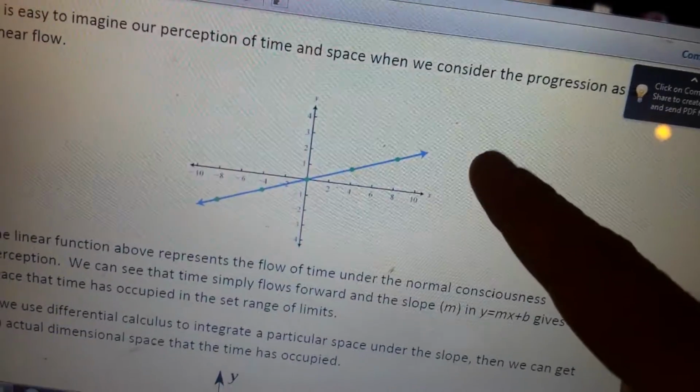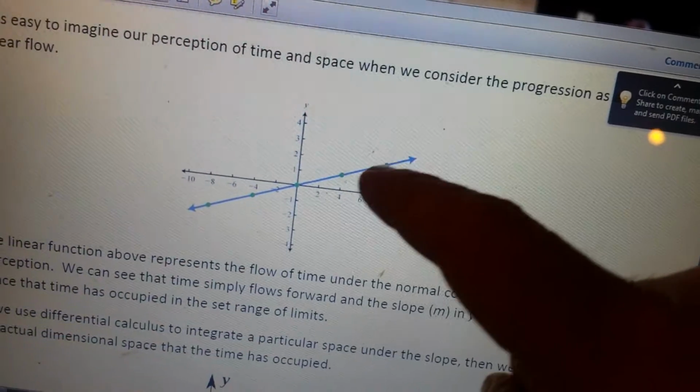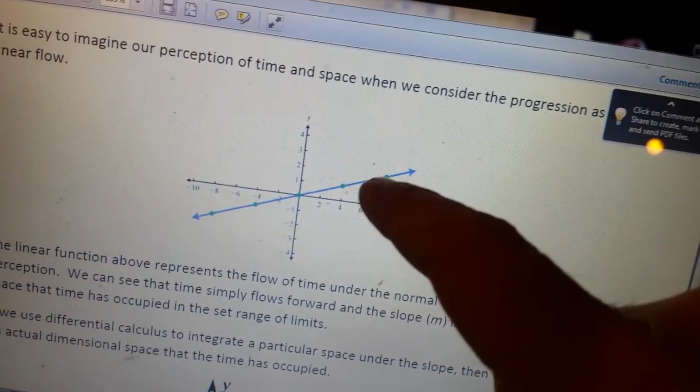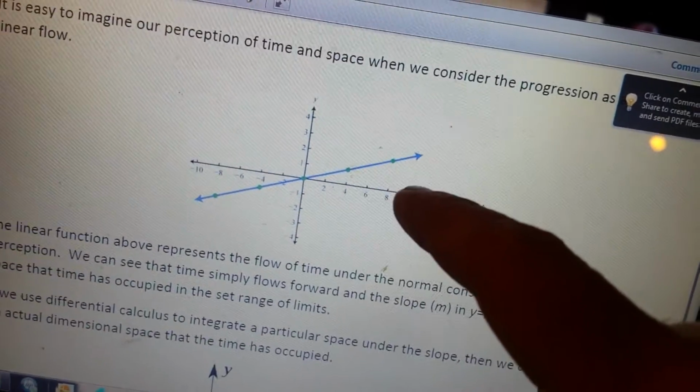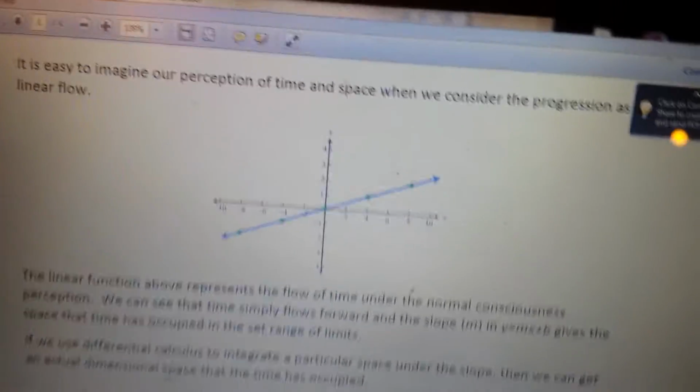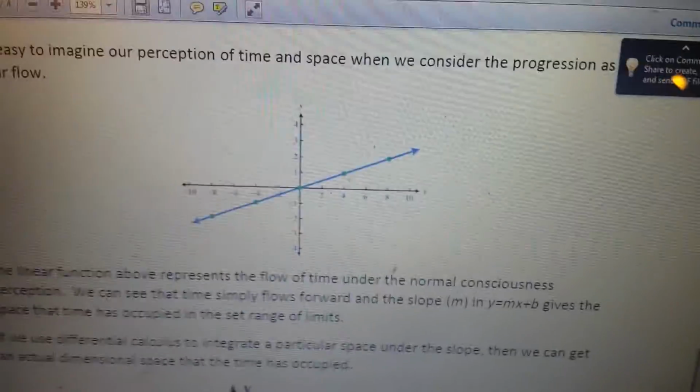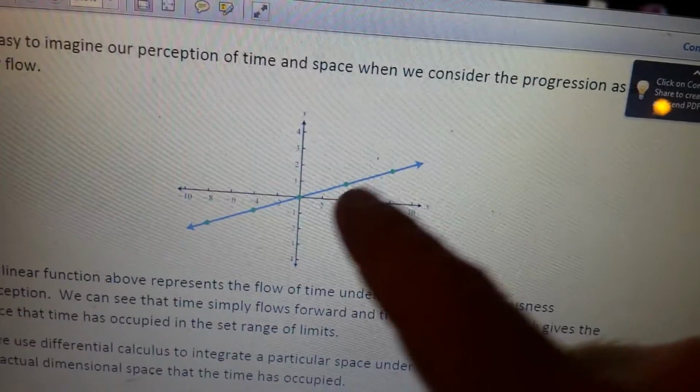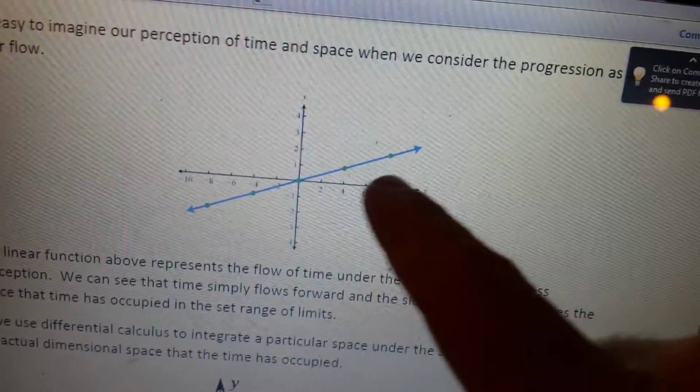And the area underneath of this slope, that's the space that was created. That's the space-time continuum. Time flows, and underneath of the graph of that time, that's where the space is created. Okay?